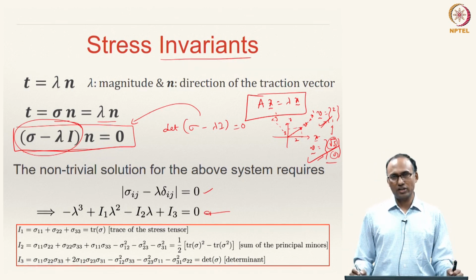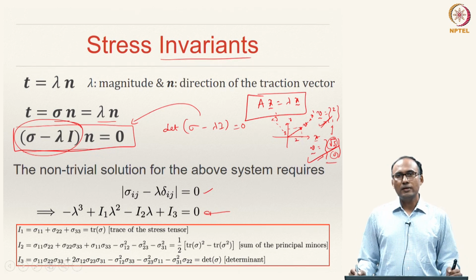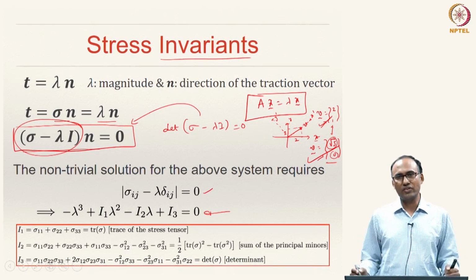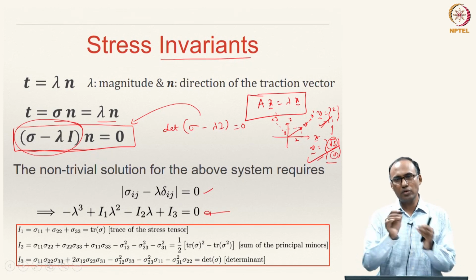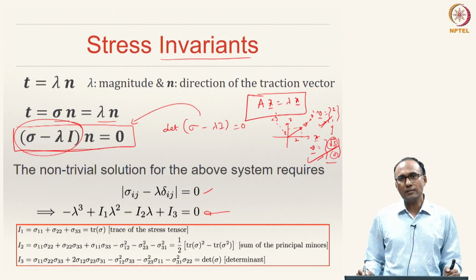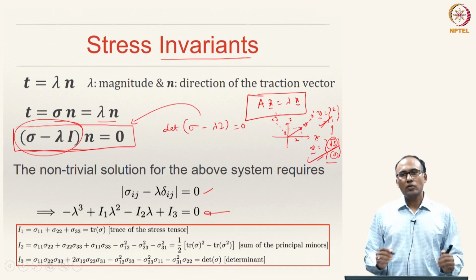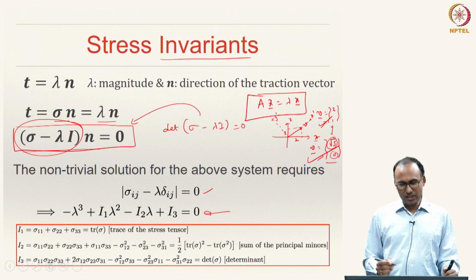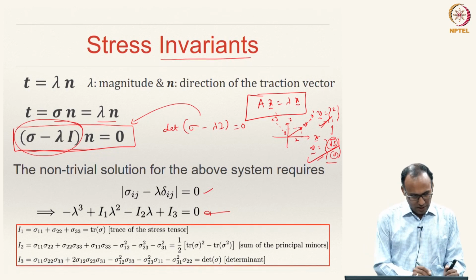Similarly, if you take a second order tensor, you can define invariants for it. Irrespective of the frame of reference in which you write the components of your stress tensor, certain quantities remain invariant, that means they do not change. For a second order tensor you will have 3 invariants, represented as I1, I2, I3.